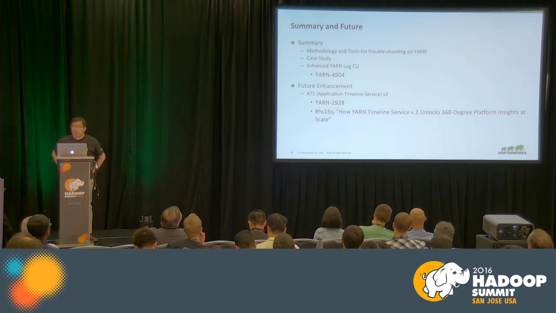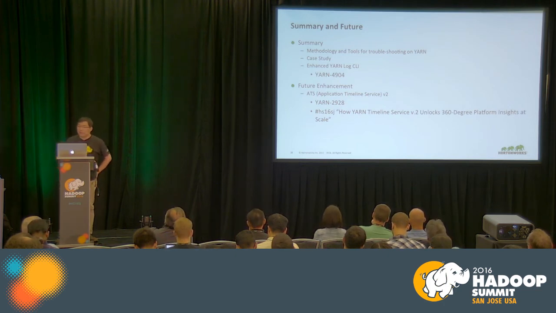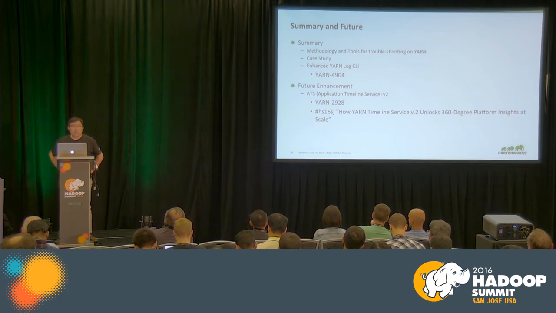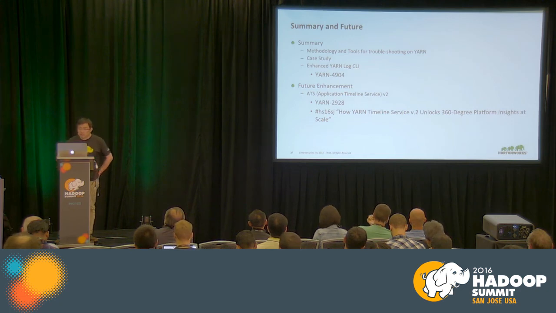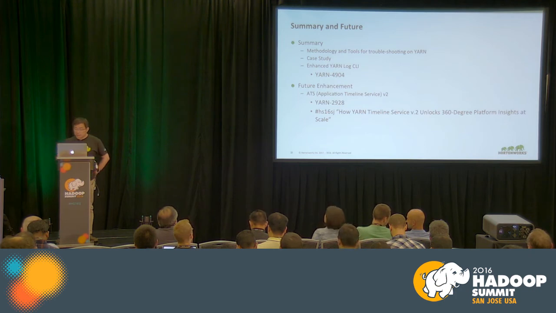We're adding more and more information, including container metrics aggregation, in a more scalable way. That work has just now been merged to the trunk stage, and we are in the community trying to vote on this. For details, please check another talk, in another room, talking about this earlier today.